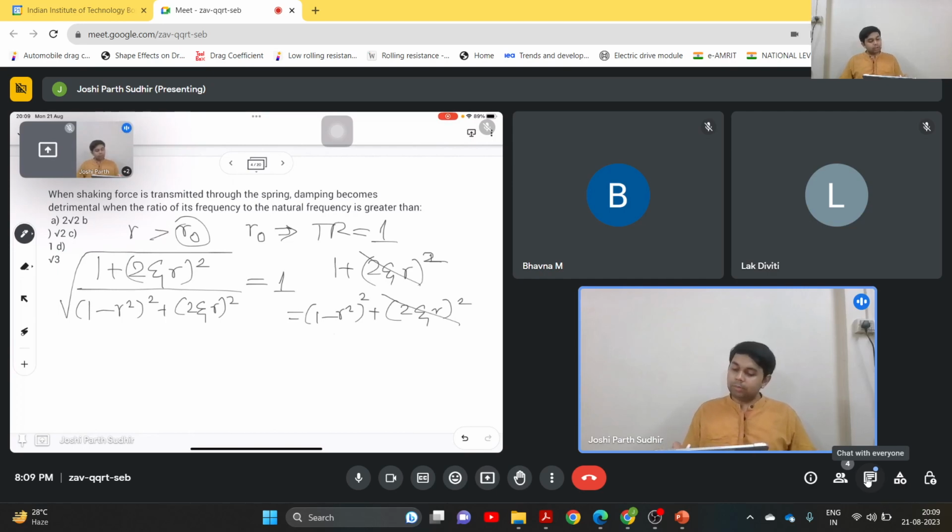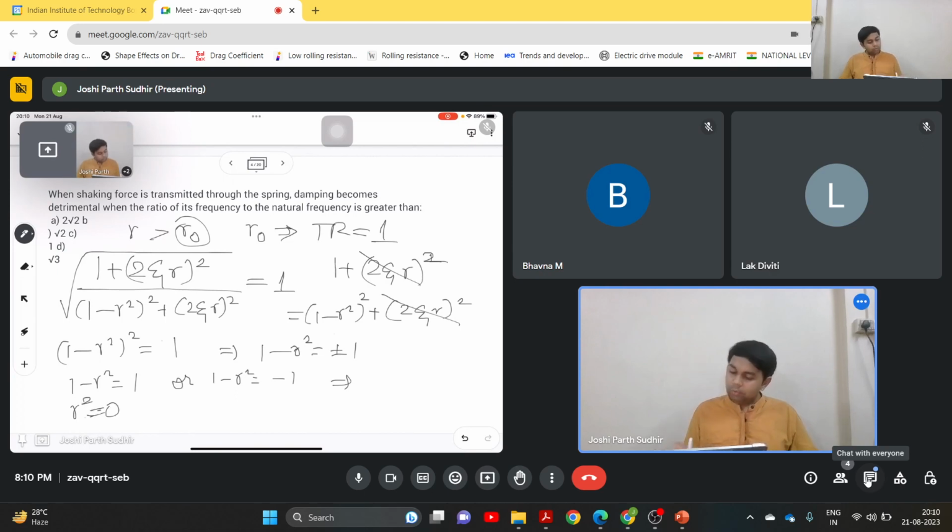So our equation becomes 1 minus r square is equal to plus or minus 1. So 1 minus r square is equal to 1 or 1 minus r square is equal to minus 1.